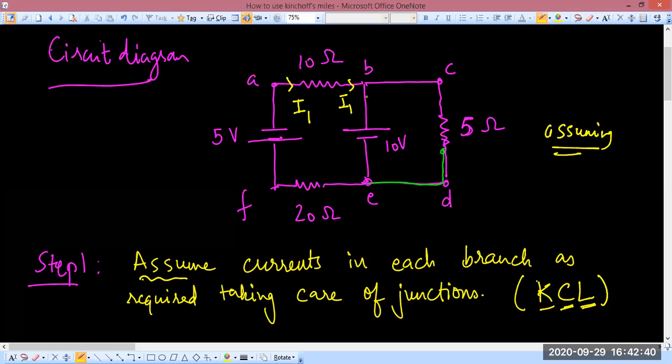If you are clairvoyant and know beforehand, then no problem. And here I'm going to assume that current is like this, I2. So then here I won't take I3, that is stupidity. It is not wrong, it is stupid. Here we should take I1 plus I2. How many of you have understood this?